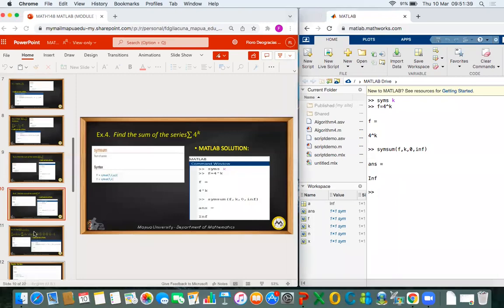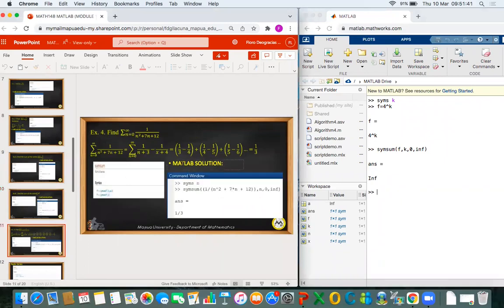Okay, next item, we go to this given series: 1 over n squared plus 7n plus 12. So what appropriate test can be used here, class, to find the sum of this series? What appropriate test, anak?